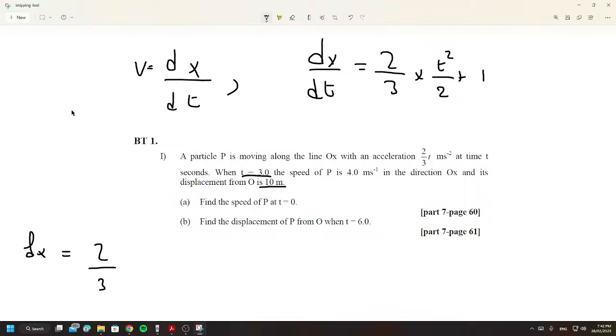But where'd you get t? Okay, so you said x is equal to the integral of v, and then you said x is equal to t squared over 3 plus 1. What happened to the 2 over 3? The one I have here. Did I do this wrong? Yeah, this is wrong.